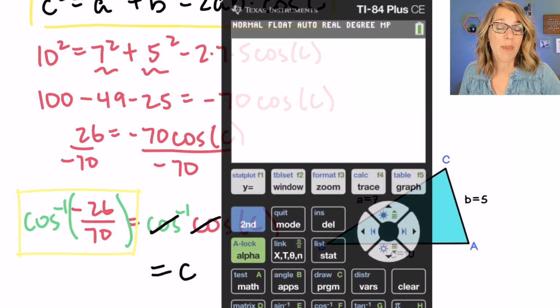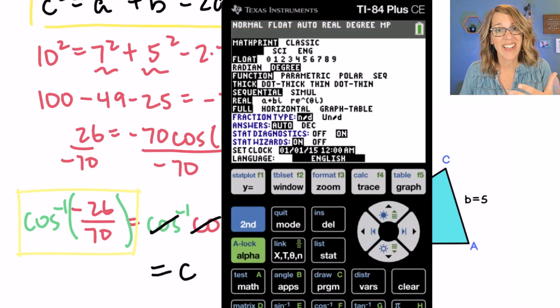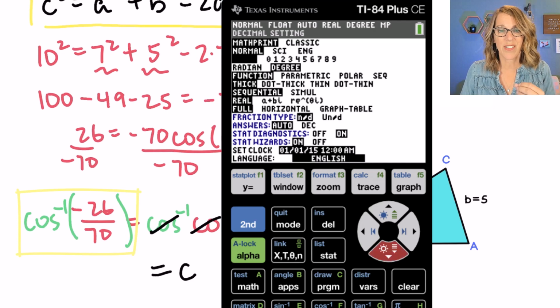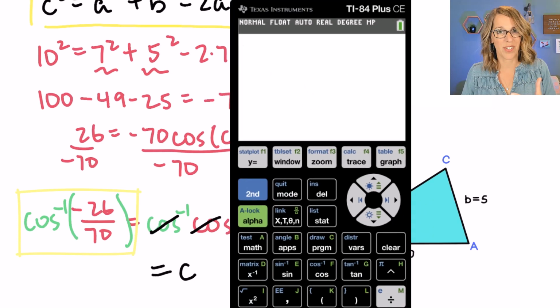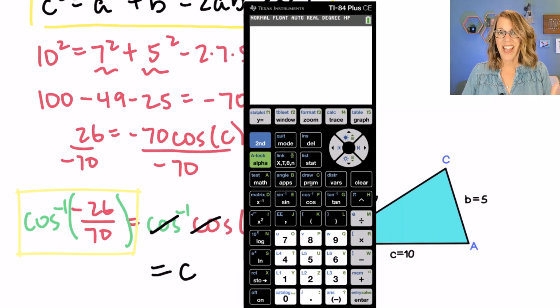I'm going to start by going into my mode to make sure that I'm in degrees. You'll notice if I arrow down to the 4th row, degrees is highlighted. If it isn't, go ahead and move your arrow over to degrees so it's blinking and then hit enter. Now I'm here, so I can hit second followed by mode to quit, and I'm ready to type in that cosine inverse. So I want to hit second and then cosine to get that cosine inverse.